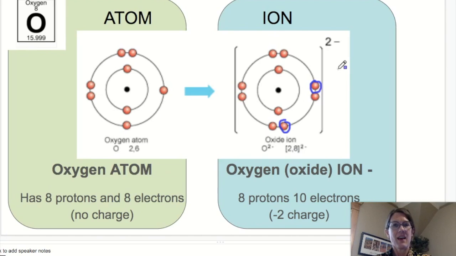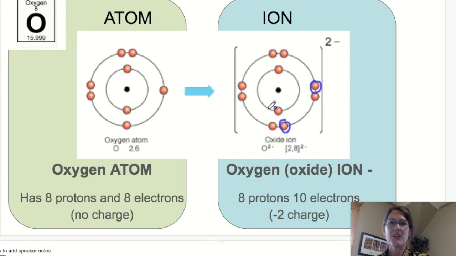So the atom now is not called an atom, it's called an ion. The ion is the word we use for the oxygen when it has a charge. Since it now has 10 electrons, 2 in the first energy level and 8 in the second, it's stable now because 8 valence electrons is stable, but now it has a charge of -2 because each of those 2 extra electrons is negative.